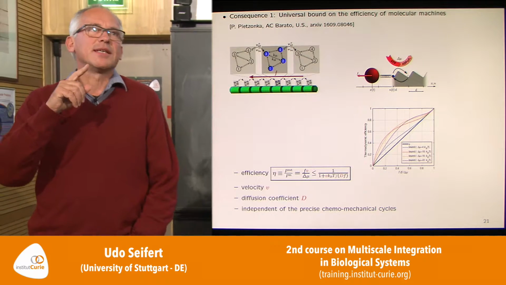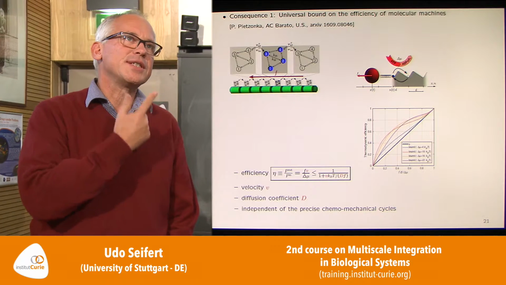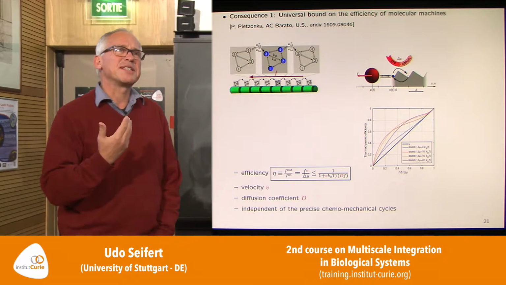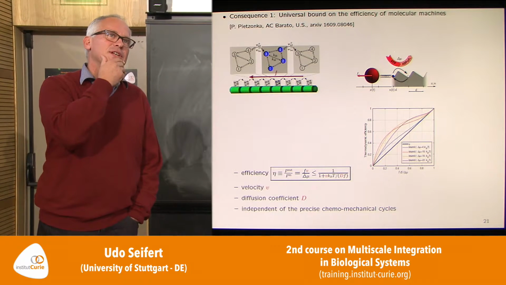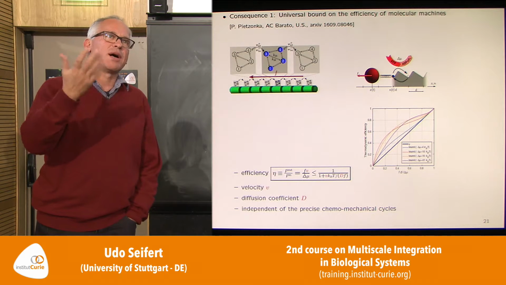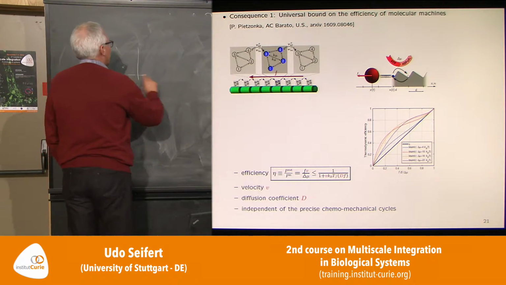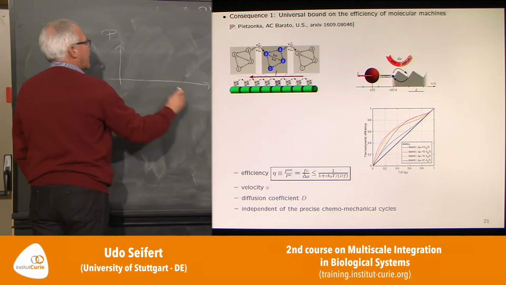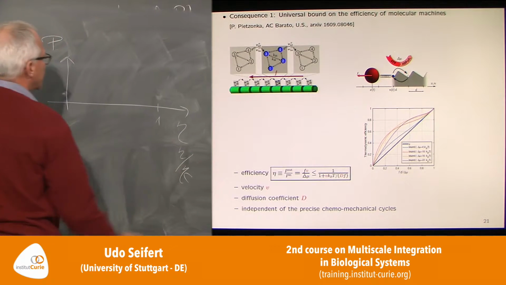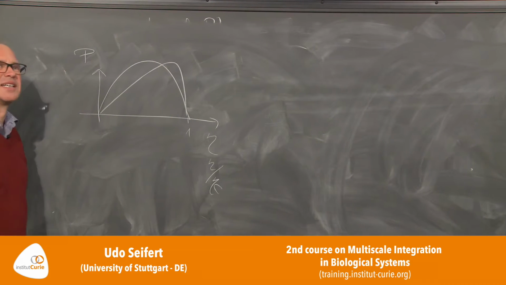Now, making universal statements about bounds on power is much harder for the following reason. Efficiency is a nice quantity because it doesn't have a dimension. If you want to make universal statements about power, and we have done that, especially for thermoelectric machines with Kay Brandner quite a bit, you first have to somehow normalize the power to something. And then it's typically known that when you plot the power as a function of the efficiency, or for thermal engines, efficiency over Carnot, you typically get curves which look like this, or perhaps like this.